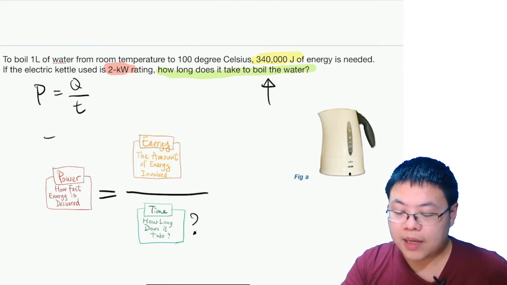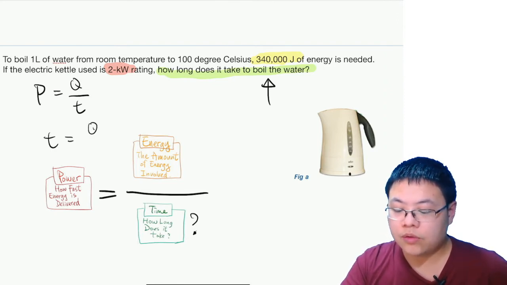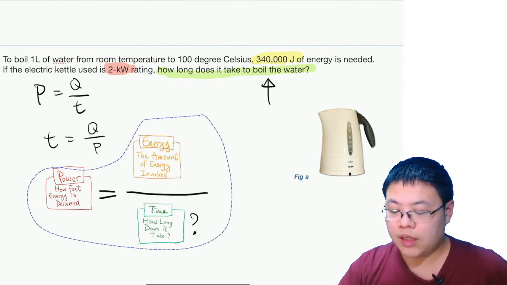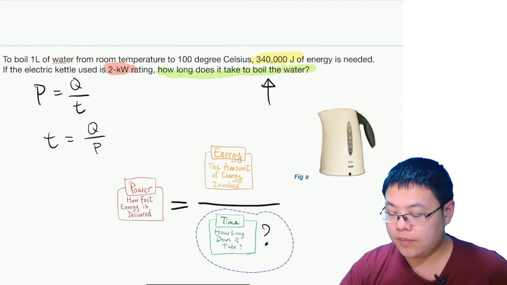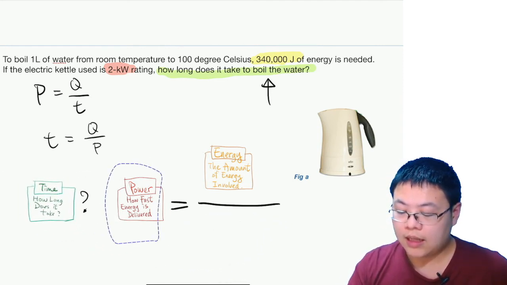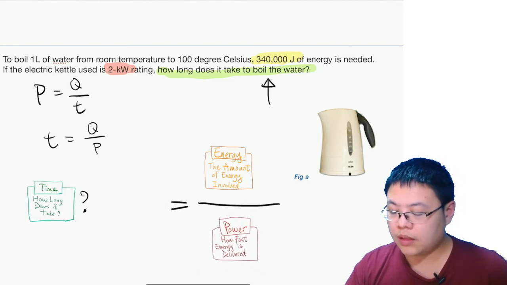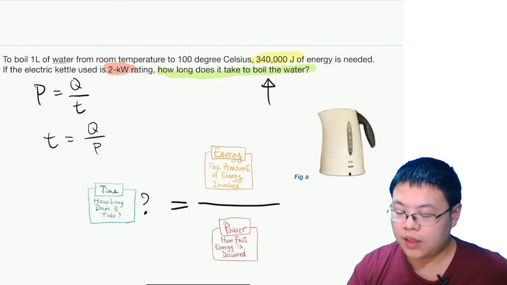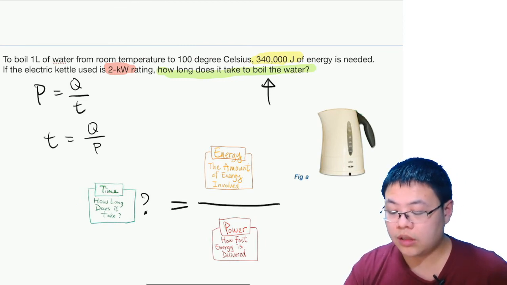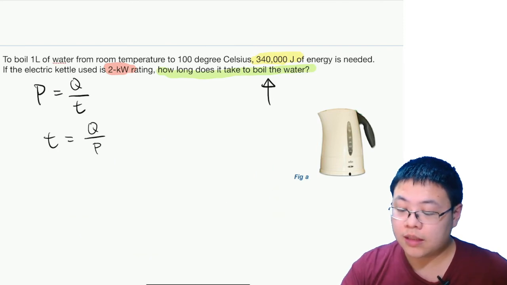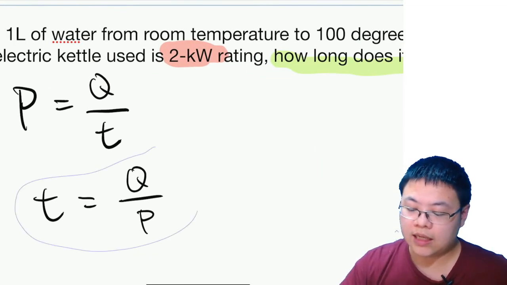Second step, make the subject: T equals Q over P. You can do that visually. Here, time is what we want, so multiply it to the other side. And this thing, we do not want it, so divide it to the other side. And then the time here is equal to the energy divided by the power. Okay, that expressed in formula is like this.